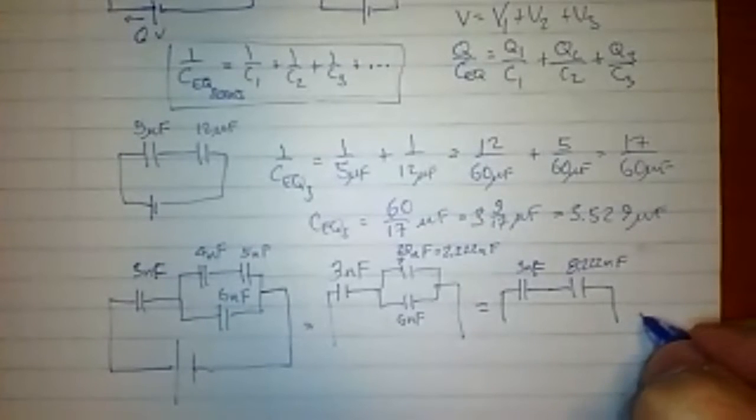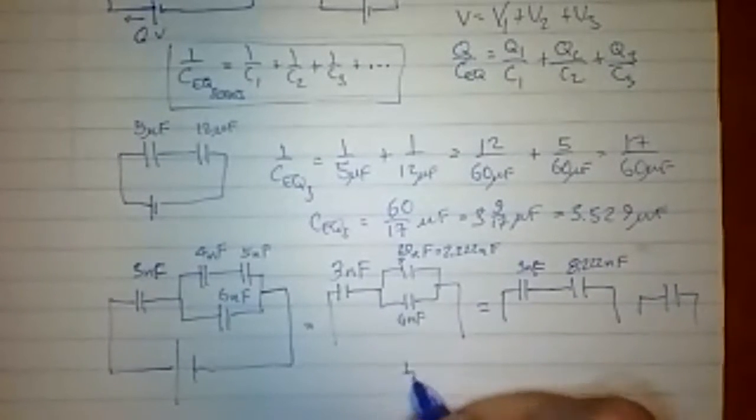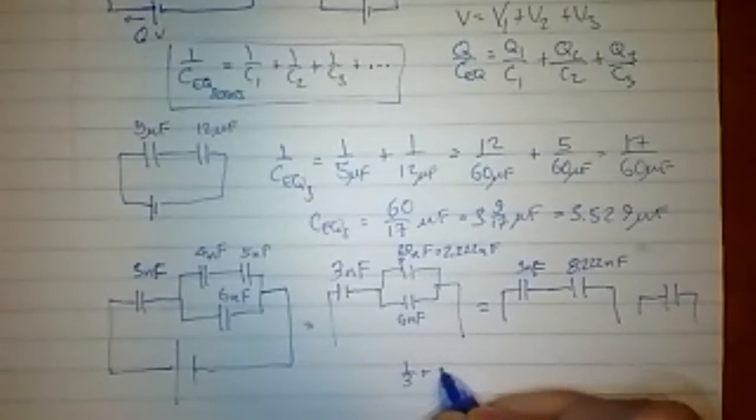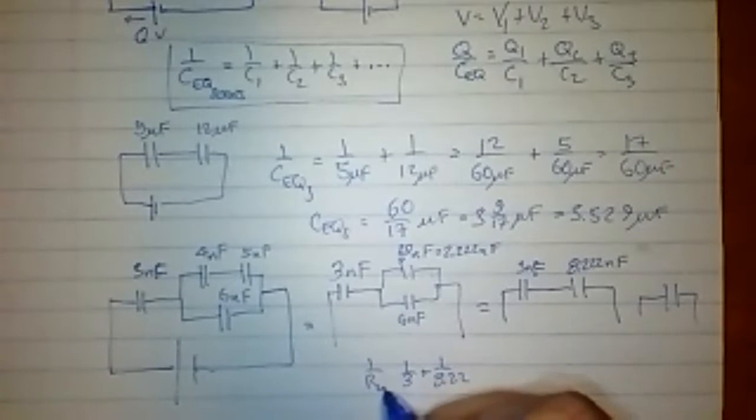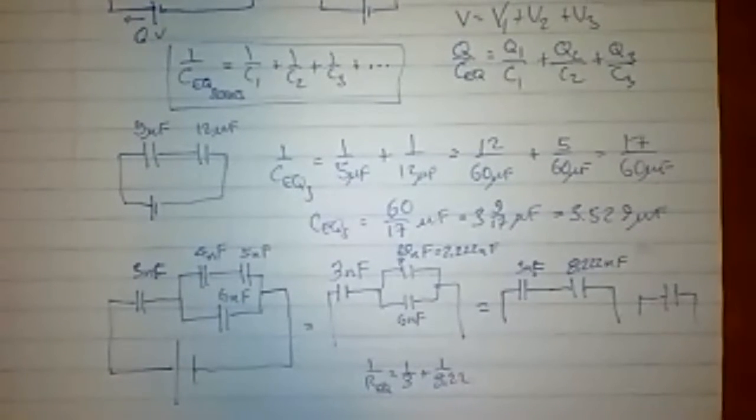And now finally, I can replace it with just a single capacitance like this, but 1 over 3 plus 1 over 8.22 is equal to 1 over C equivalent. So in doing that, I'm not going to even try to do it with fractions. I'm just going to go ahead and do 1 divided by 3, add that to parentheses 1 divided by 8.222.